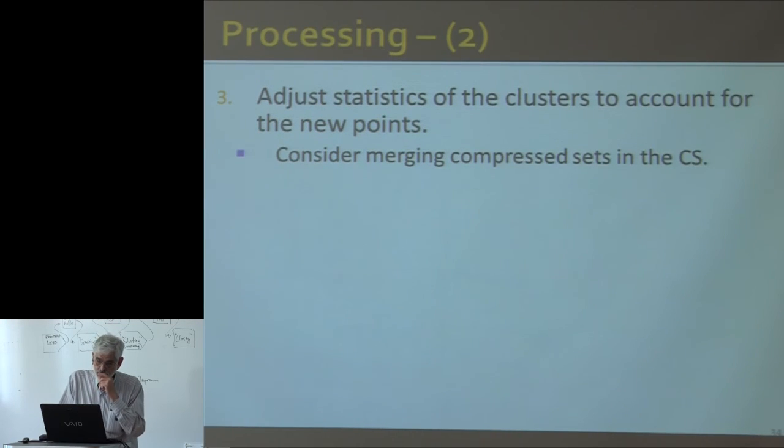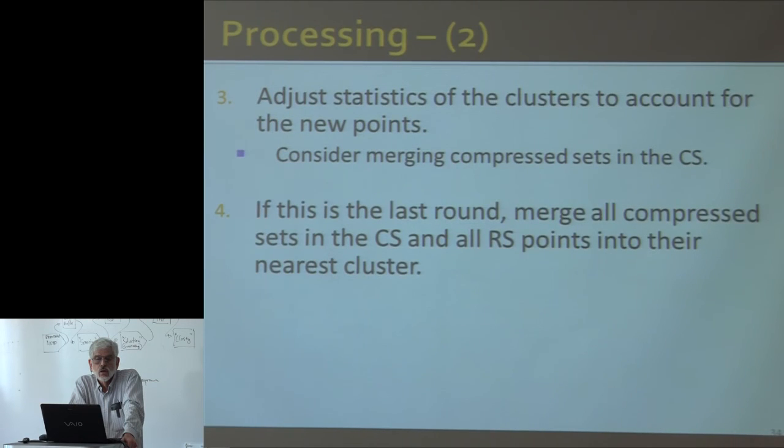Okay, then you have to adjust the statistics of the clusters to incorporate the new points. And then you might think, well, you have these old compressed sets, and now maybe you've created some new compressed sets. You might want to at least merge them. I'm not going to have time to talk about how you might merge them.